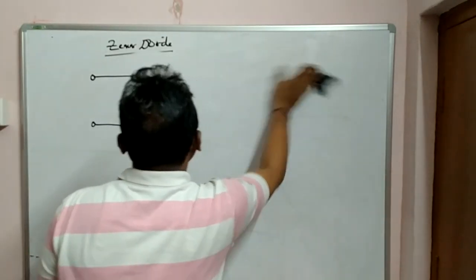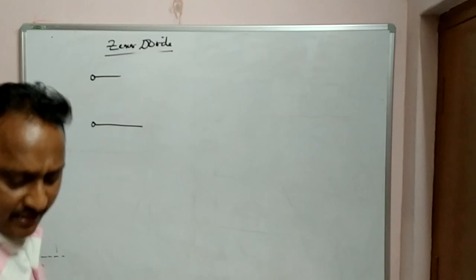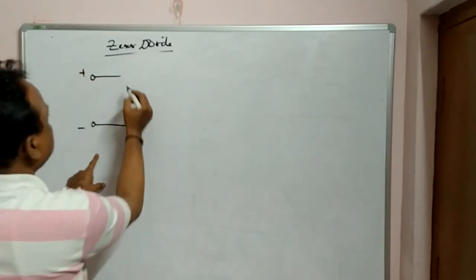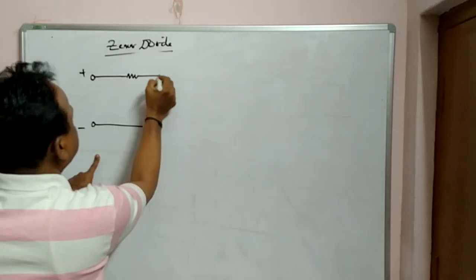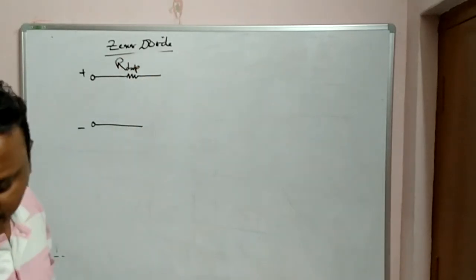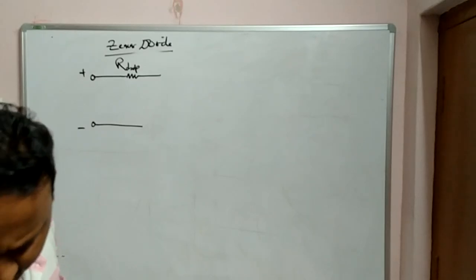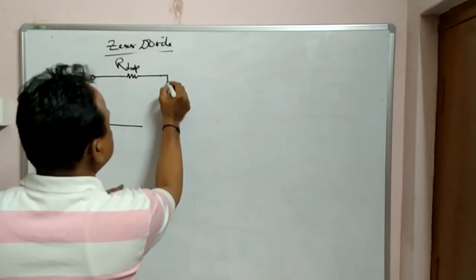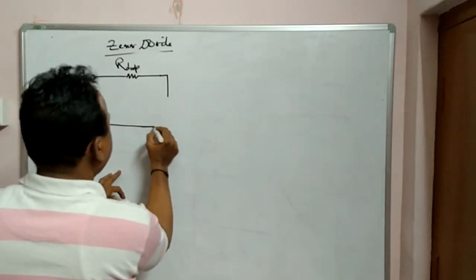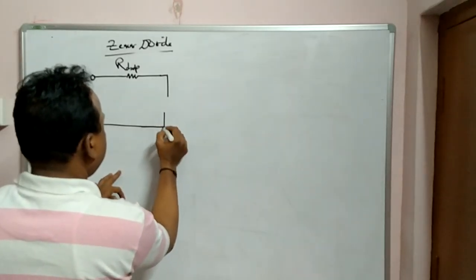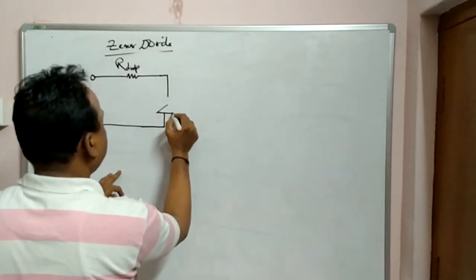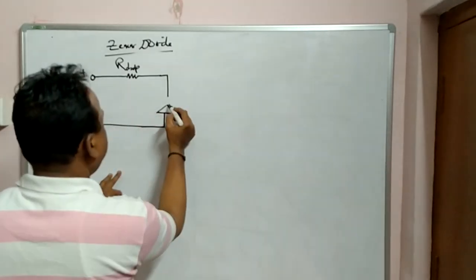In a Zener diode, here this is positive potential, this is negative, and this is the resistance drop. I will explain why I am saying drop. As I said just now, P type is connected to the negative terminal.